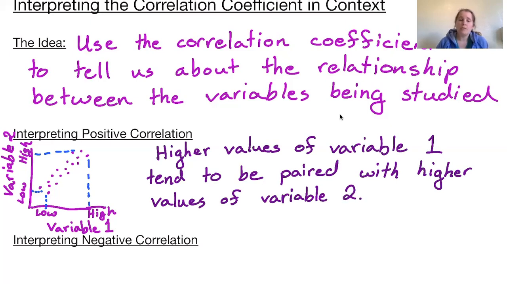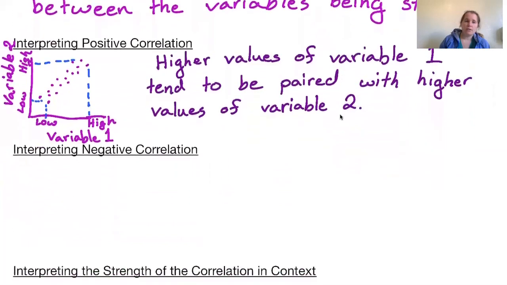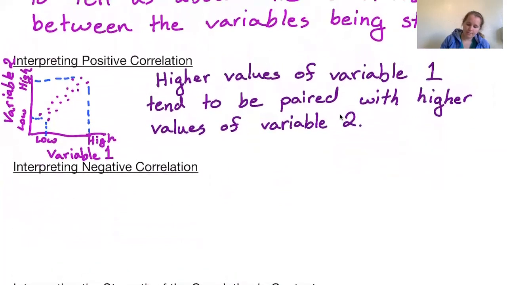We will see an example of this with specific variables towards the end of this video. Interpreting negative correlation, we are looking at the opposite.